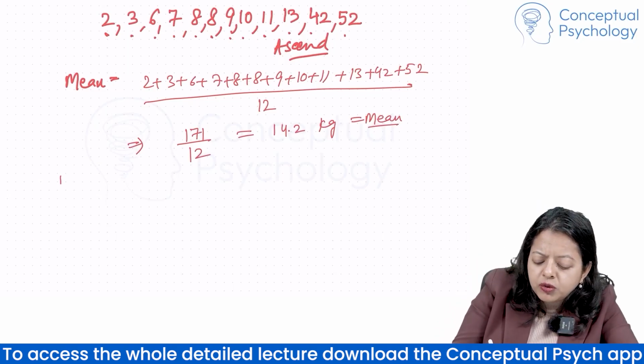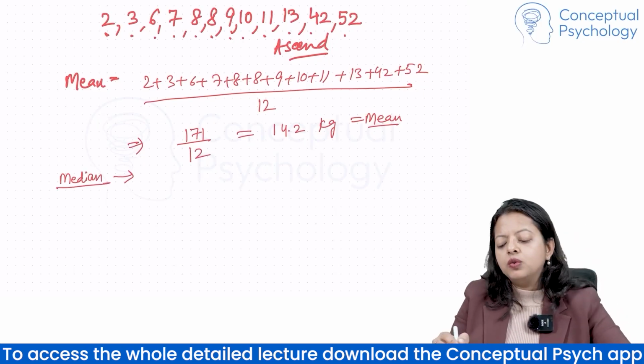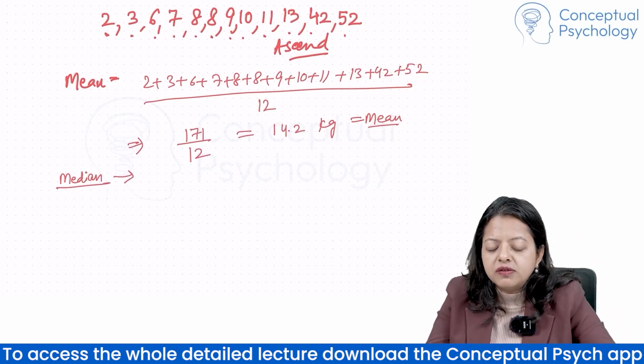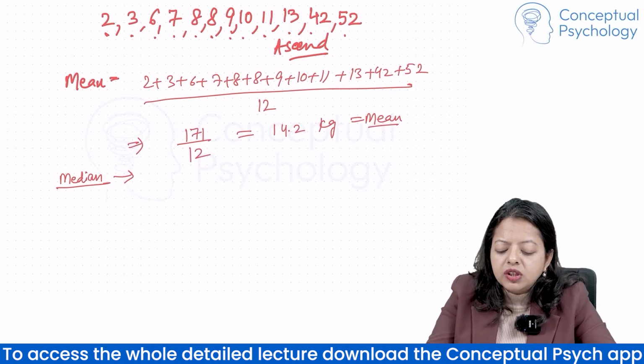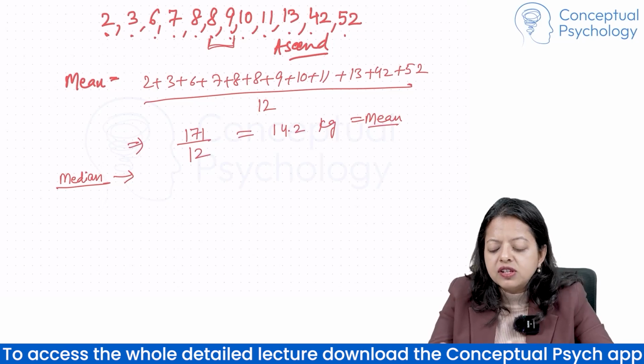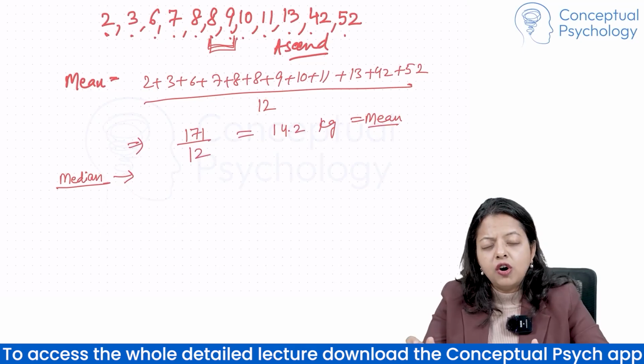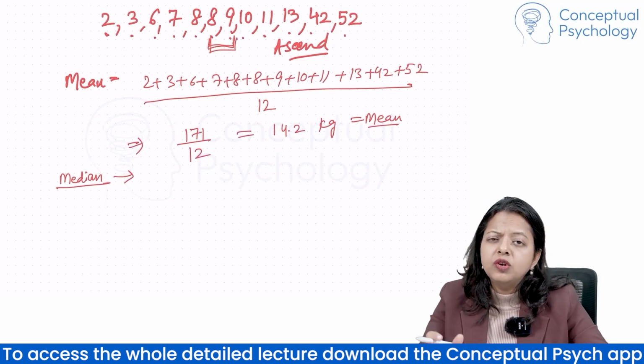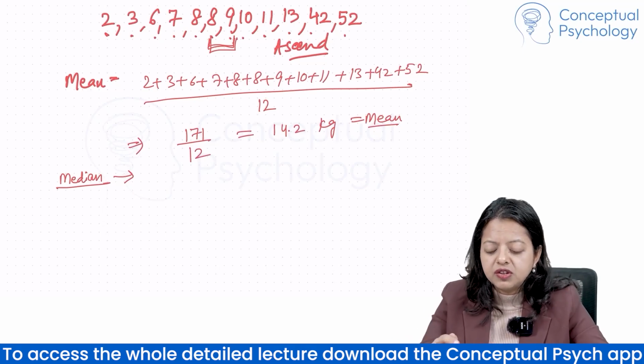Now we move on to median, which is the middlemost value. So here we have 12 observations. 1, 2, 3, 4, 5, 6, 7. So these two observations lie in the middle because these are an even number of observations. So we have to take these two observations. Had it been an odd number of observations, then we would have easily got the middle observation.